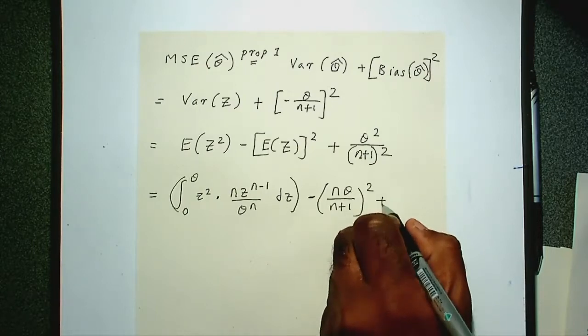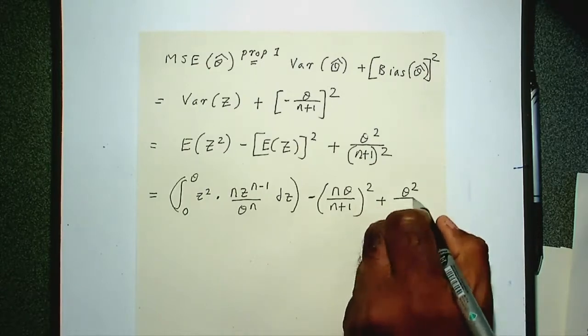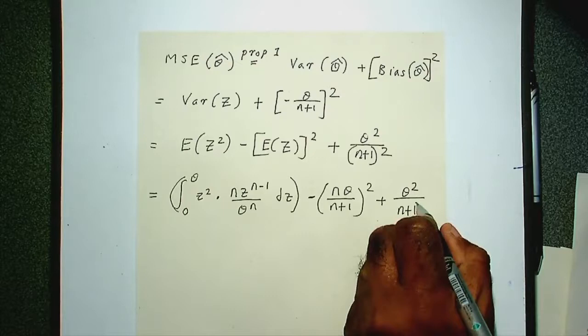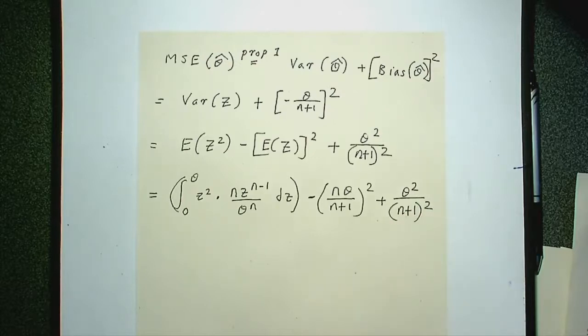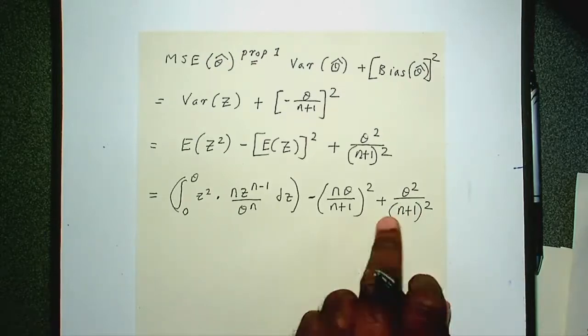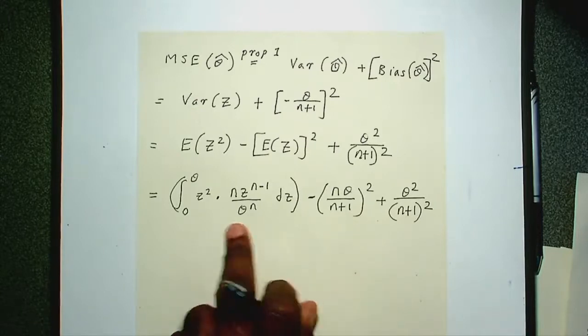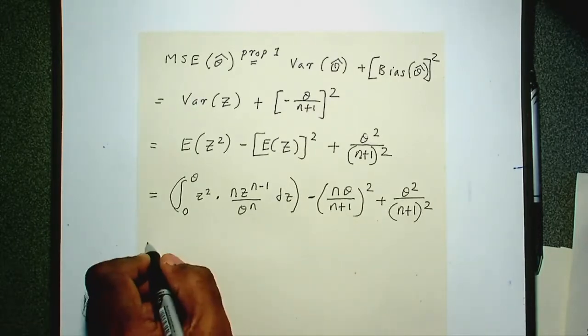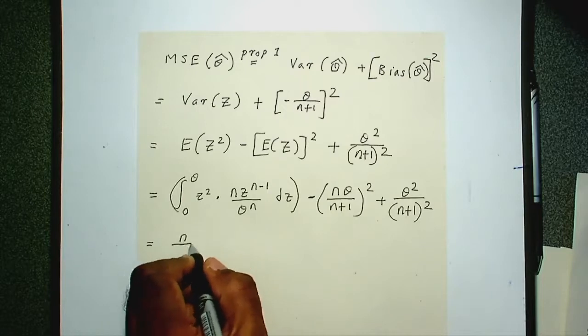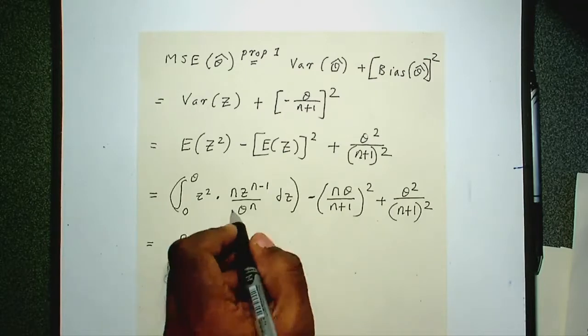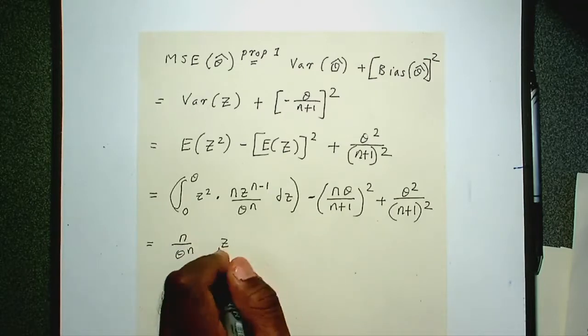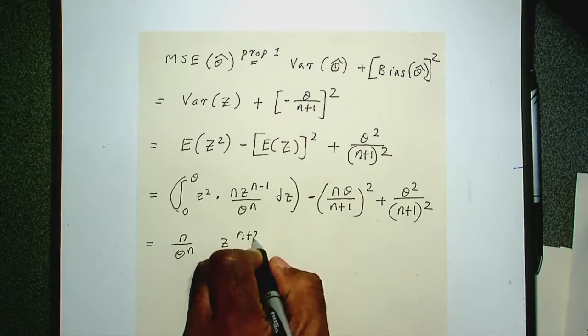Then plus theta squared divided by n plus 1 squared. You see how I got this term here? This from over there. So all we need to do is just find this integral here, which is not difficult. So it's going to be n divided by theta to the n. So this is going to be z to the n plus 2.